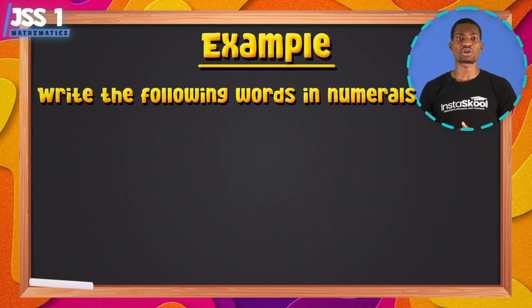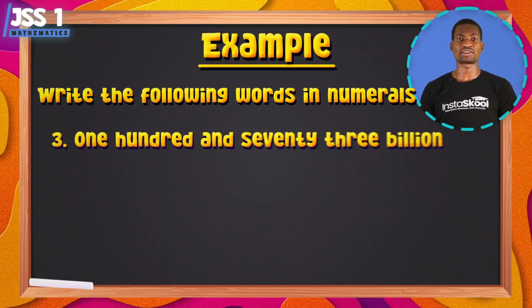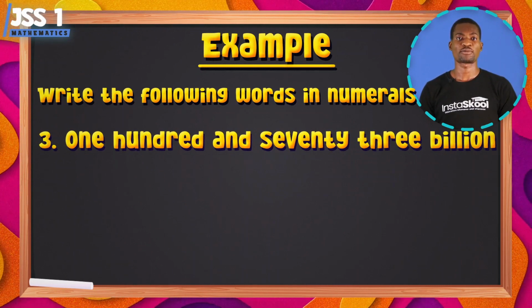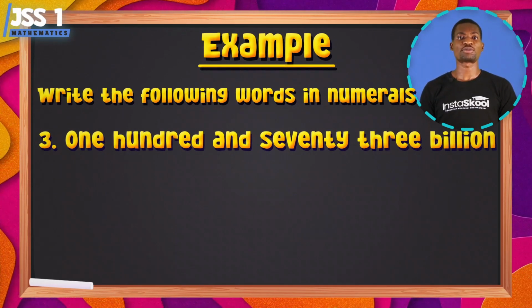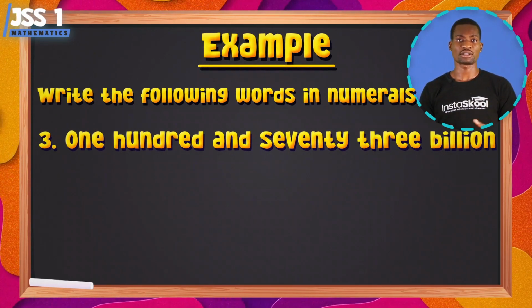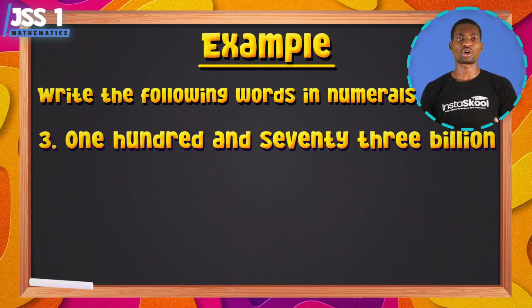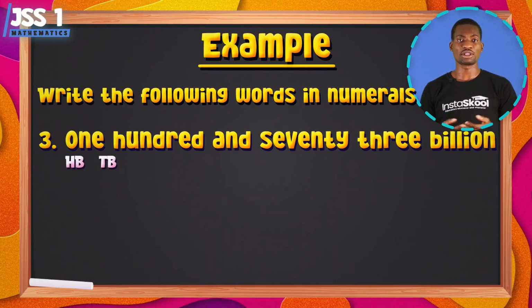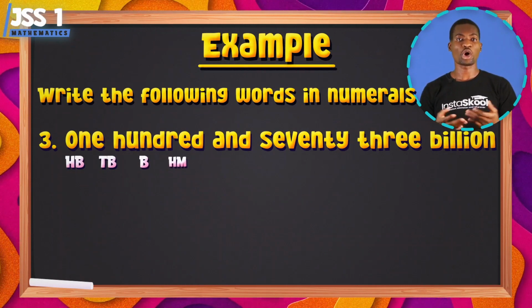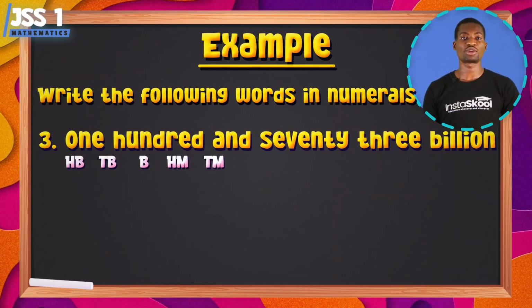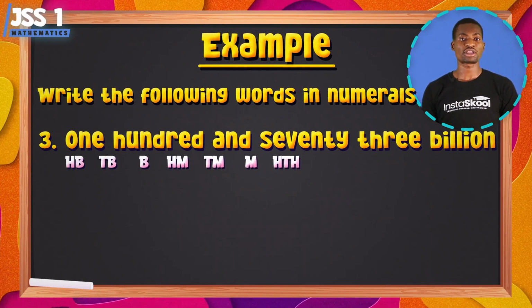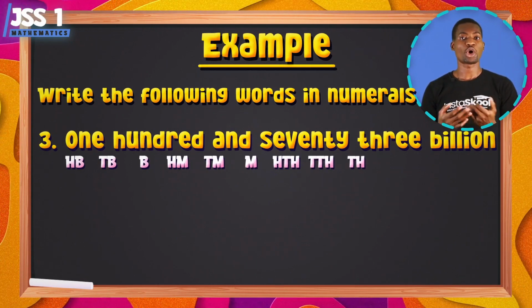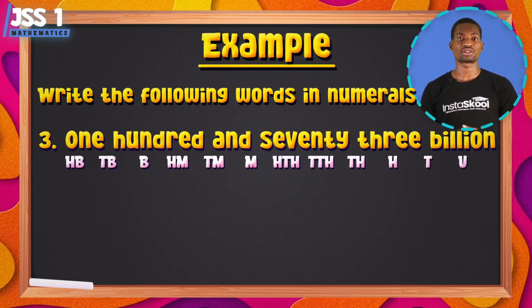The next example is to write in numerals 173 billion. The first step is to write out the place values of the numbers. So we write 100 billion, 10 billion, billion, 100 million, 10 million, million, 100,000, thousand, hundred, tens, and unit.